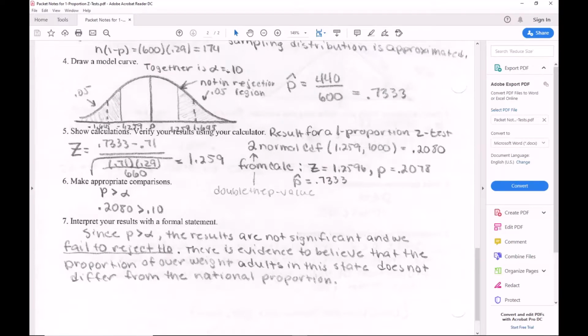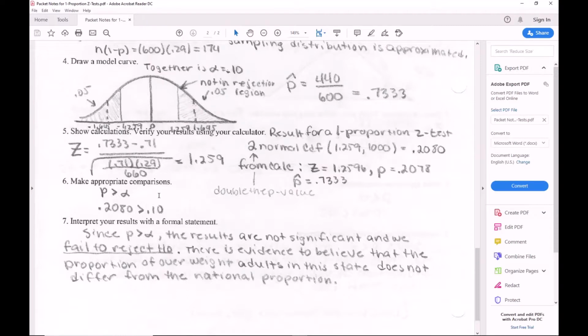I believe this will be 1.96, so this is closer to the middle. But you also have to assume it could go this way, so that's negative 1.259. And neither one of those is starting in the rejection region. When you color it in, they overlap, but it's got to be totally in there for you to reject. So I don't think we're rejecting this.